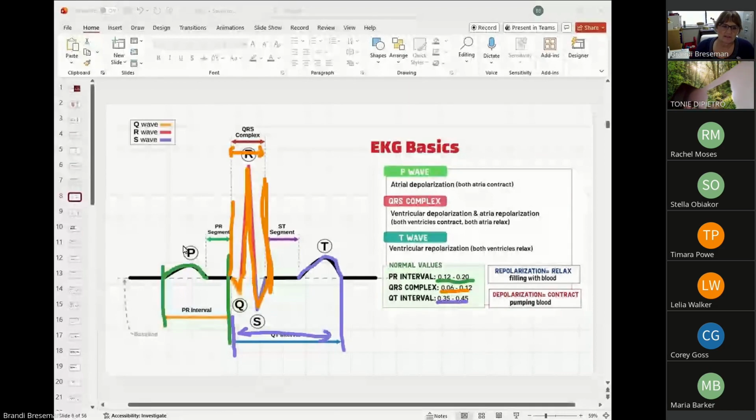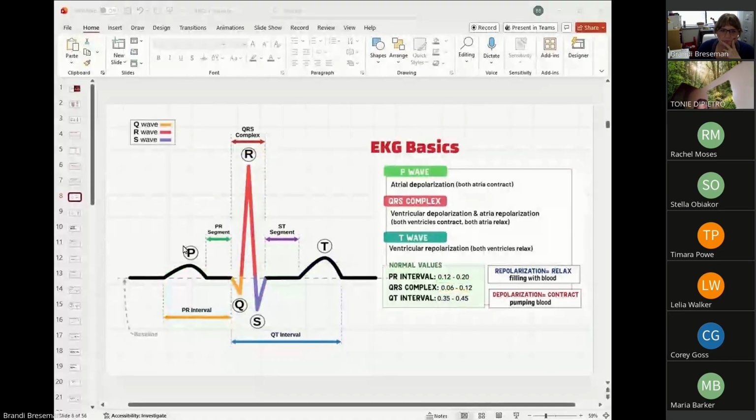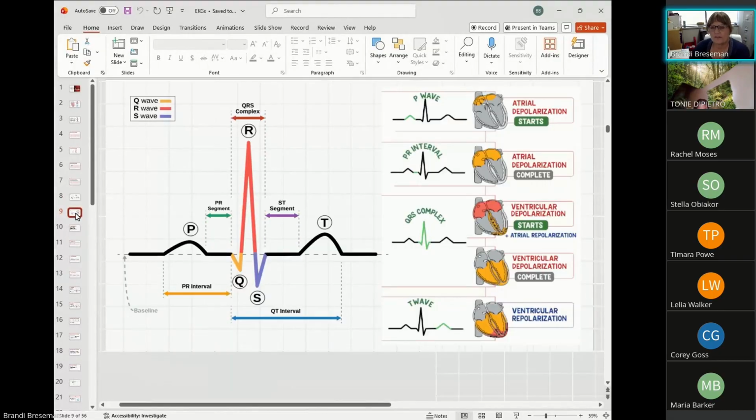So that is all the things that we're looking at when we look at the EKG. Okay. So this is where, again, it's going through the process of what's starting in the heart, what's actually going on in the heart as we look at these different waves.